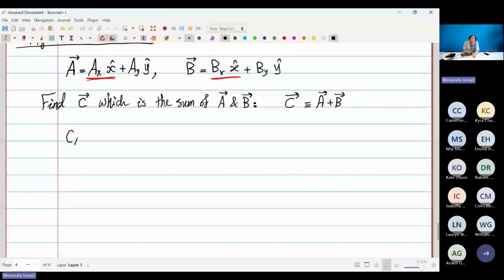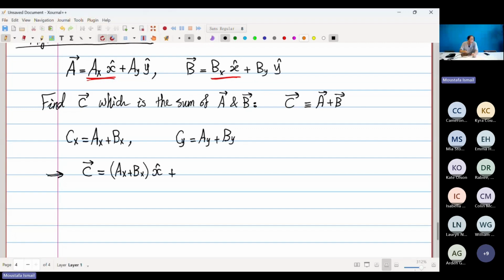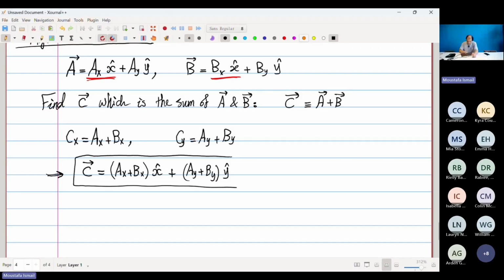And the y component would be A_y plus B_y. So the final result would be that the vector is (A_x plus B_x) in the x direction plus (A_y plus B_y) in the y direction. Very straightforward. You just add the corresponding components in the corresponding directions. You just need to be careful not to add different components because they point in independent directions.